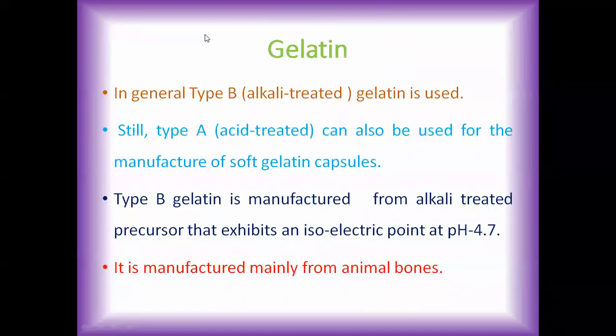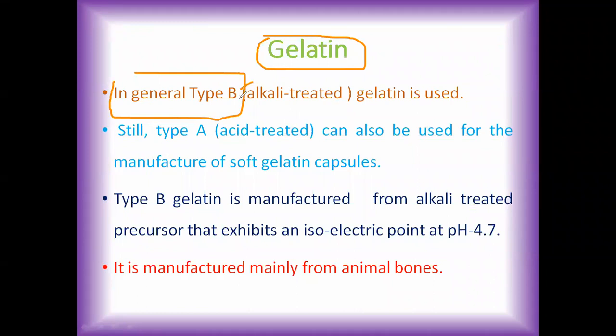Now the first component which goes in the composition of soft gelatin cell is gelatin. Now gelatin, which is used over here, is generally type B gelatin. And we know that type B gelatin is alkaline treated gelatin.